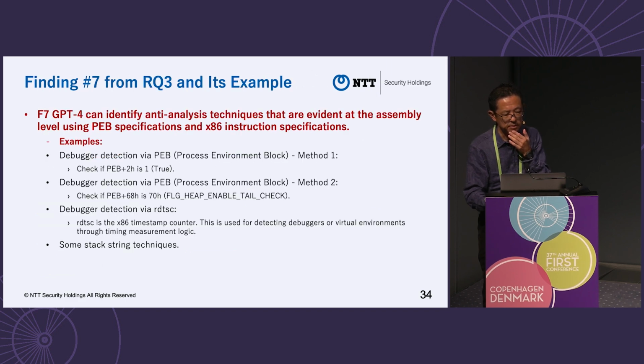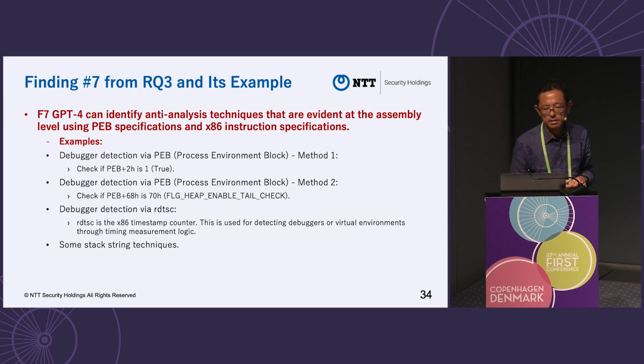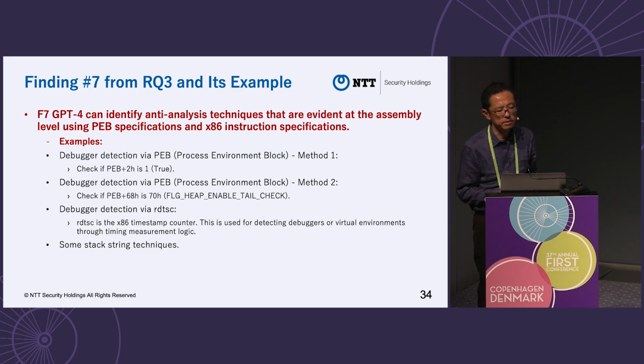Okay, finding 7. GPT-4 can identify anti-analysis techniques that are evident at the assembly level using the PEB, process environment block, specification and x86 instruction specifications. Examples are debugger detection or finding stack string techniques.